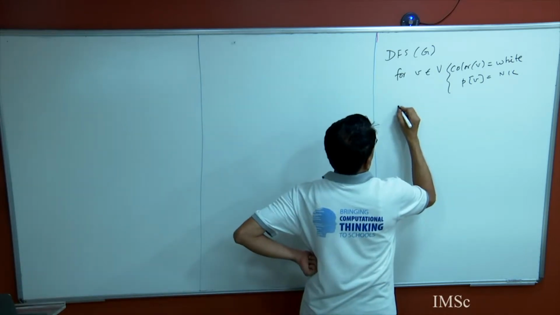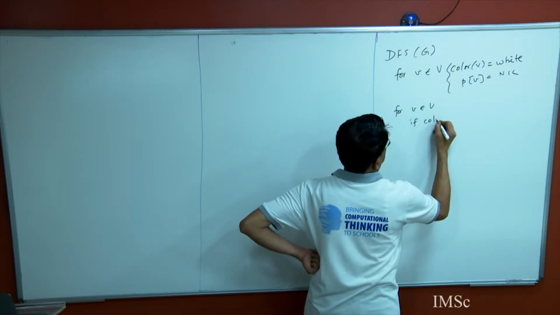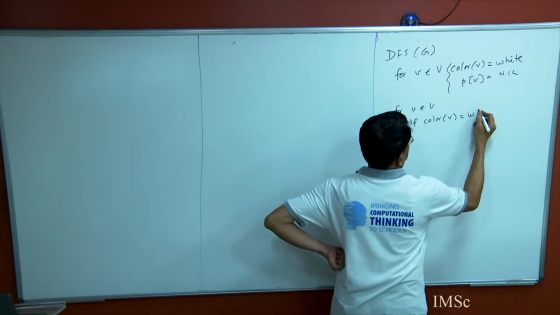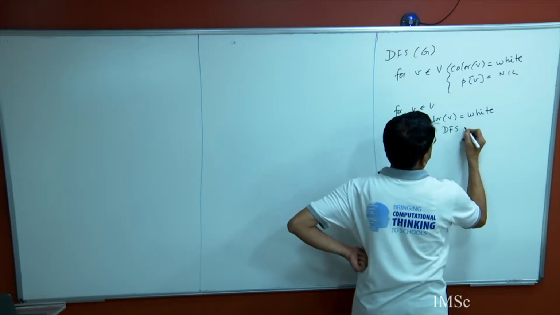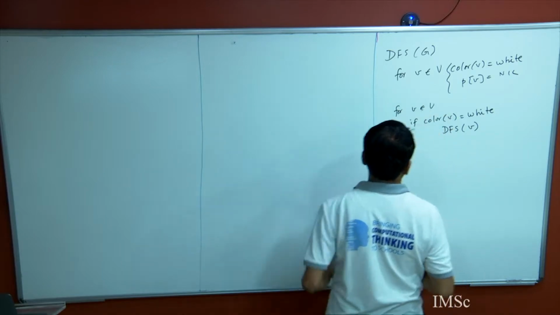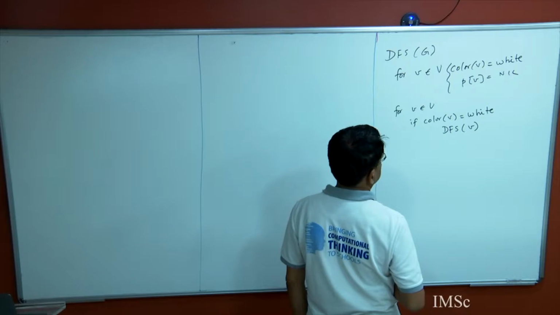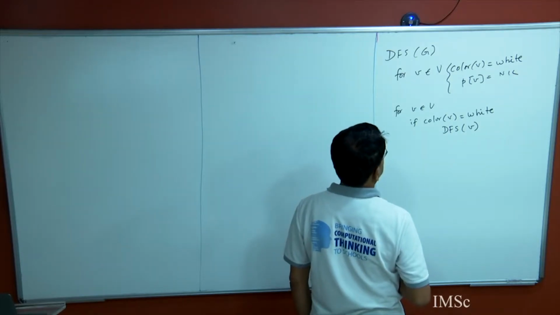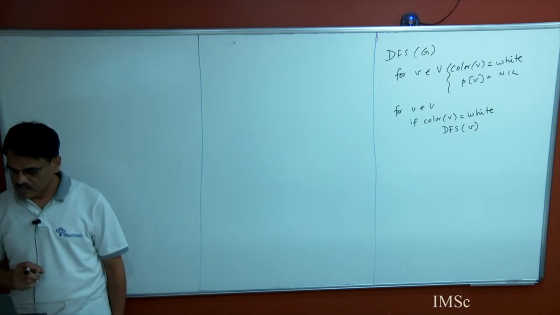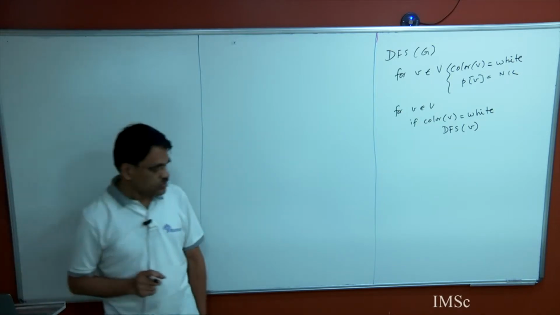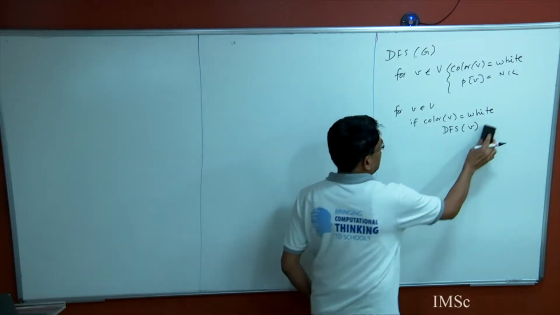So for v in V, if color of v is white, then I'm going to say DFS v. Okay. Since I've already used DFS of G, I'm going to say DFS-Visit v.